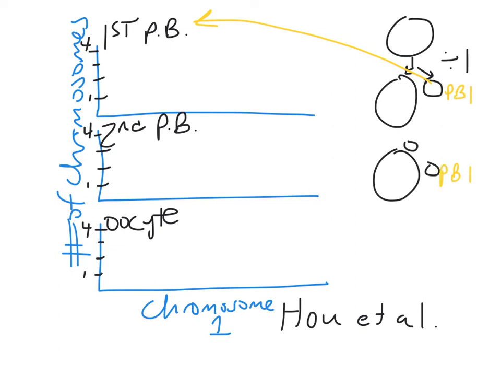And after the second division, you generate the primary oocyte, which is that big cell, and the second polar body 2. That's the origin of all those cells. You divide once, that's the first polar body and what will eventually become the oocyte. The second division, you get the second polar body, and then the oocyte itself.